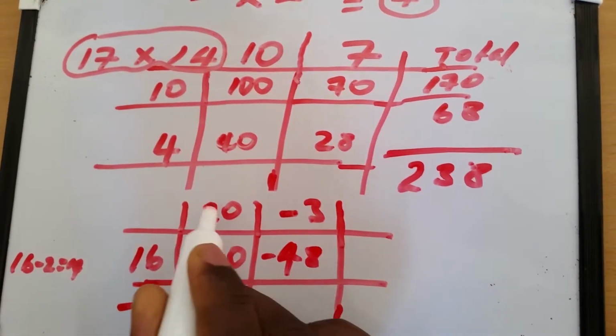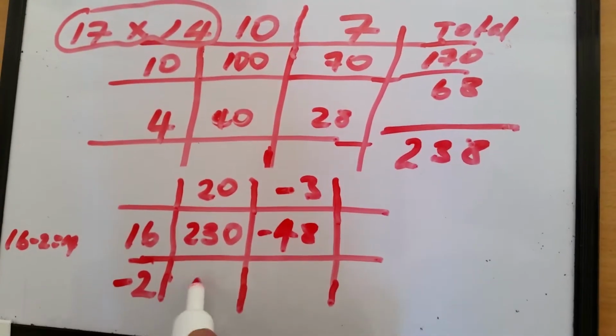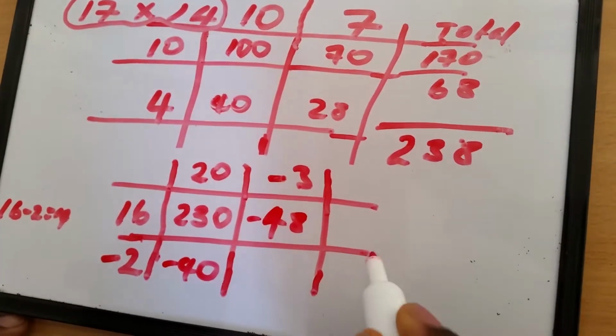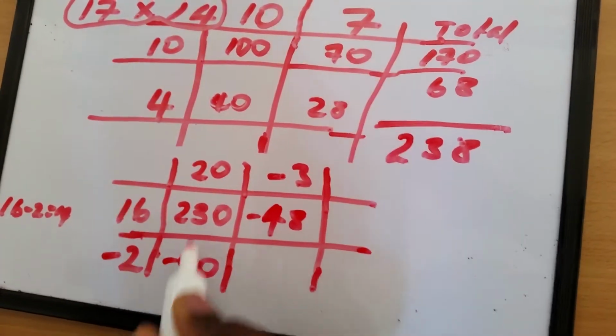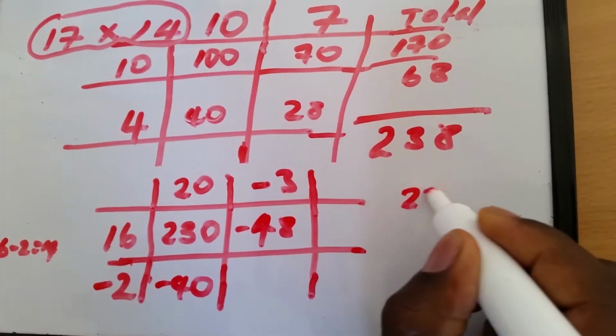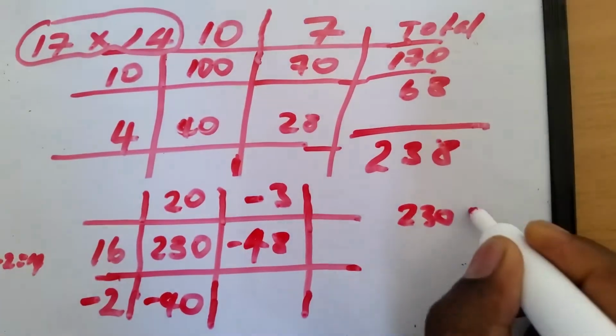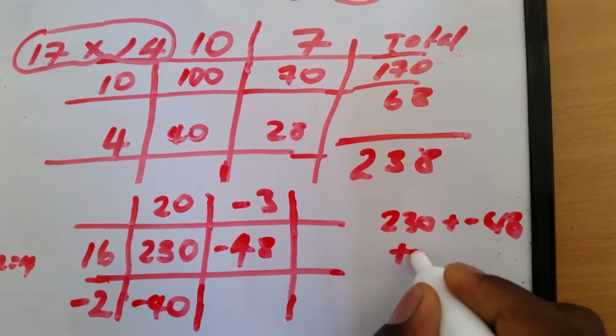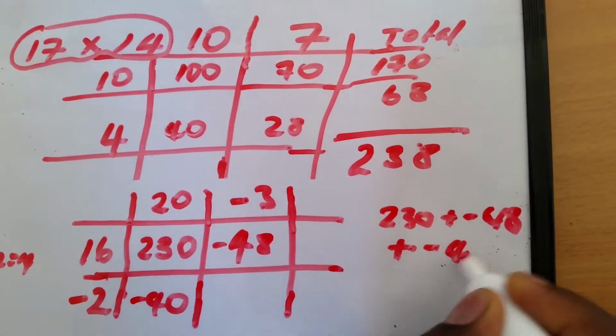And minus 2 times 20, which we're happy with, gives us minus 40. Okay, and I'm going to leave this blank for a minute. Now we're going to total everything up to see what we get. So we know it's 230 plus minus 48 plus minus 40.